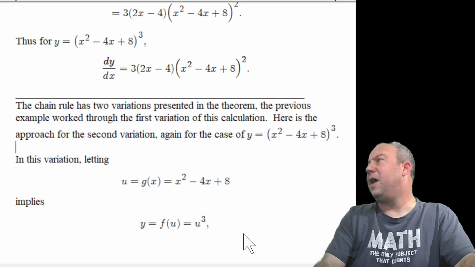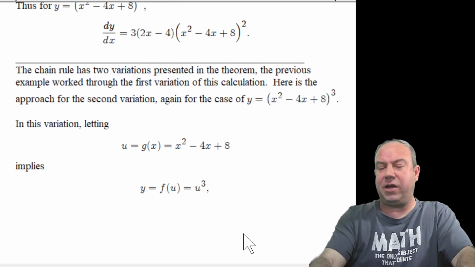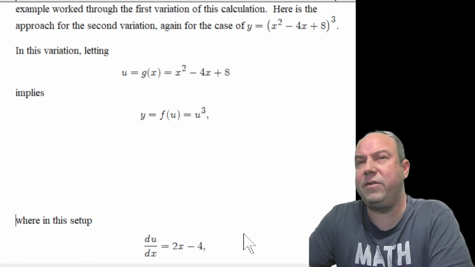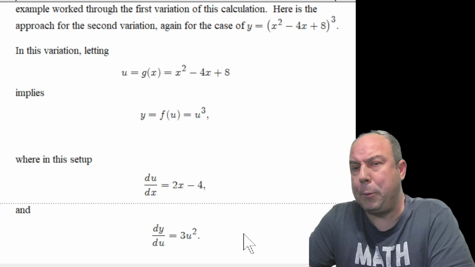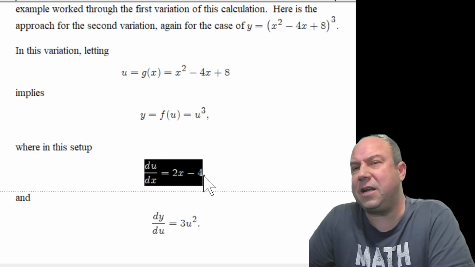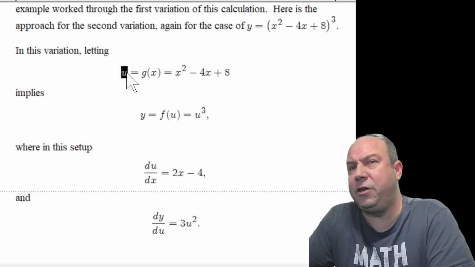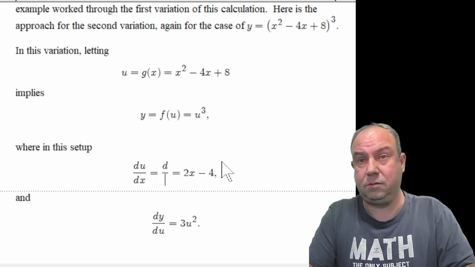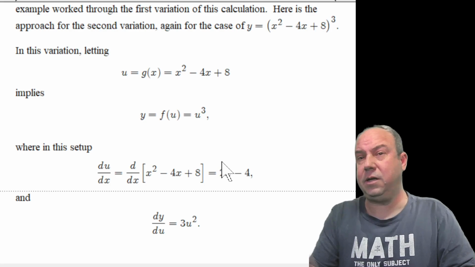And what the second variation of the chain rule says, well, dy dx is just going to be the derivative of y with respect to u times the derivative of u with respect to x. So we can set up those derivatives, the derivative of u with respect to x again, is this statement here.